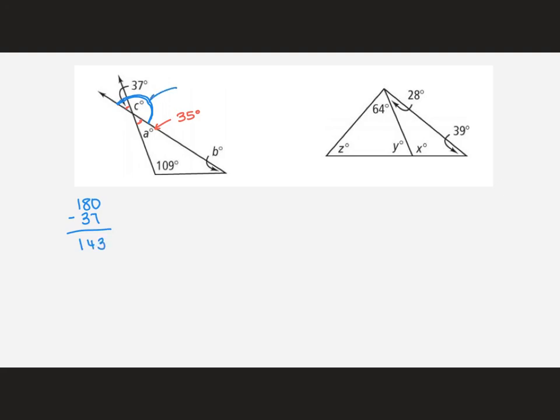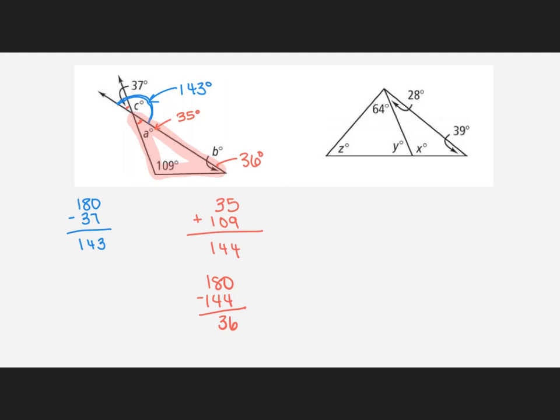So angle C is 143 degrees. Finally, using this triangle, I have an angle that's 35 and an angle that's 109. So if I add those together, I have 144. 180 minus 144 is 36. So angle B is 36 degrees.